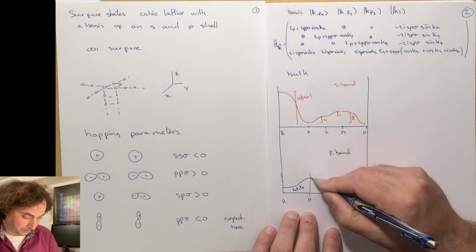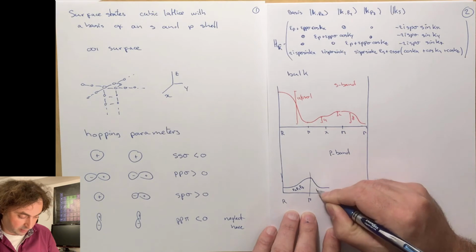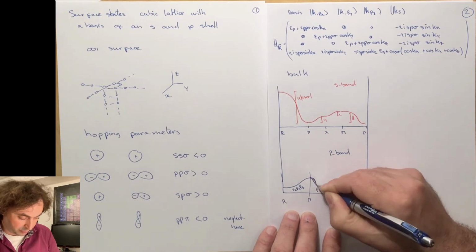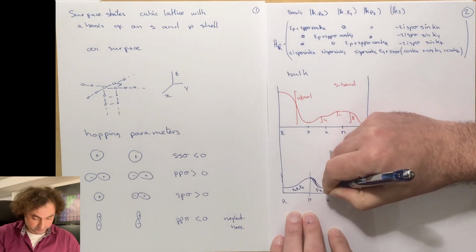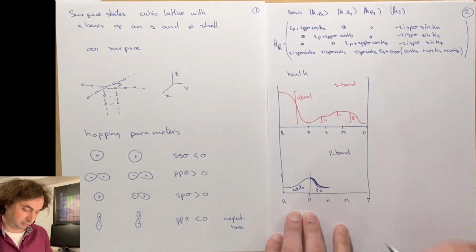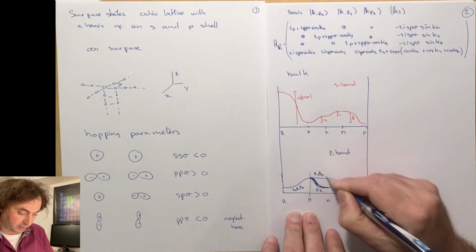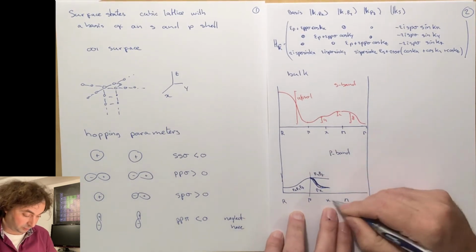Then at gamma we move from gamma to X, and in that case the px orbital is dispersing. That's a beautiful cosine function that I made here. And the py and the pz orbital do not disperse.